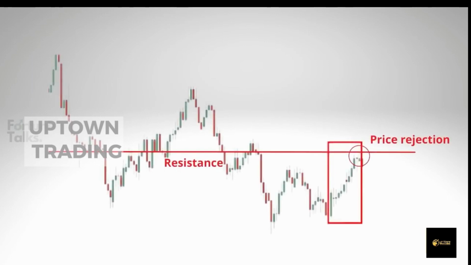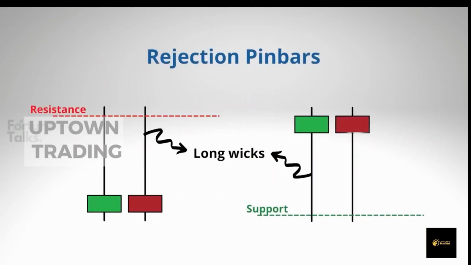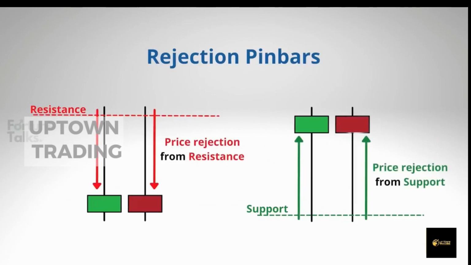Now the second tip that I have to give you is that you want to see a strong price rejection at the area of value, that is, the area of support or resistance. You want to see a strong price rejection. The price rejection can be in the form of a pin bar. The pin bar may be a shooting star or a hammer, etc. The idea is to see a long wick where the price gets rejected from the particular level that we are considering.